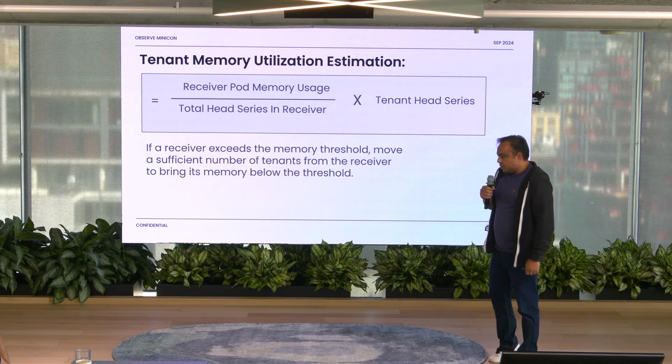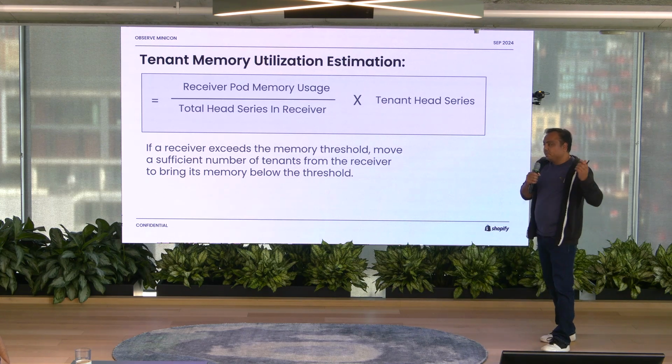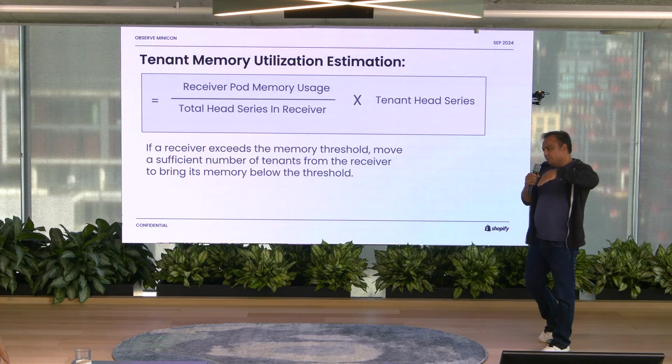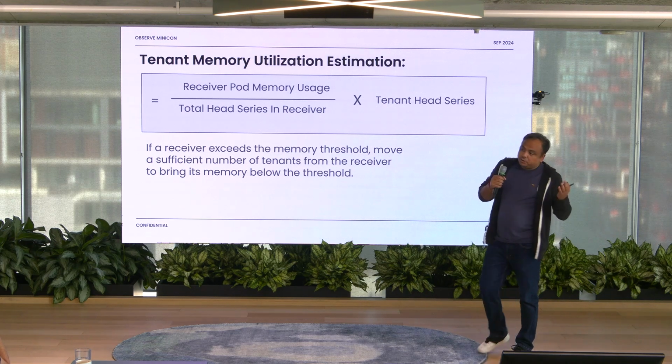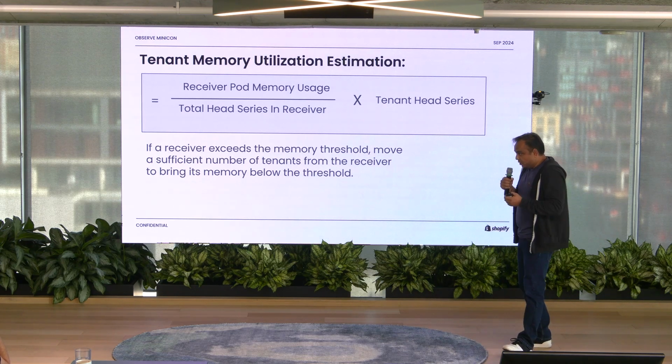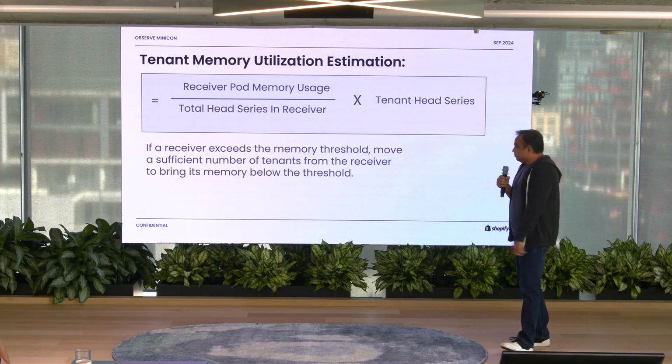But the next question is, can we move these tenants to other receivers? So we sort by memory, starting with the least memory-utilized tenant, and try to add these tenants into that receiver. If that can be added, it's good. Apply the change. If it is not, scale up: add a replica and apply the change.